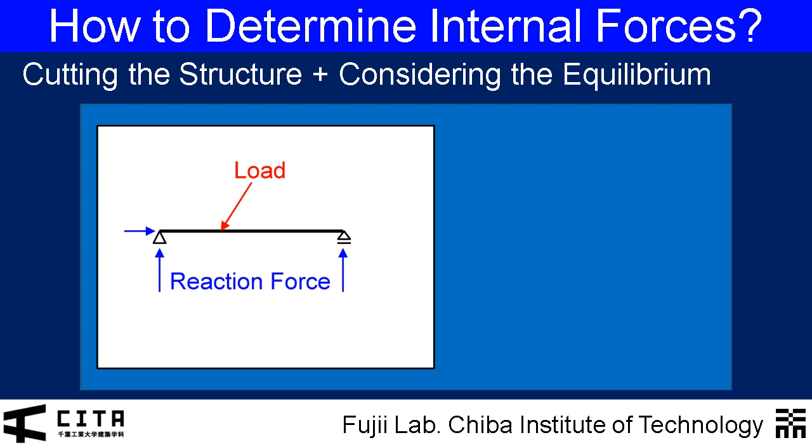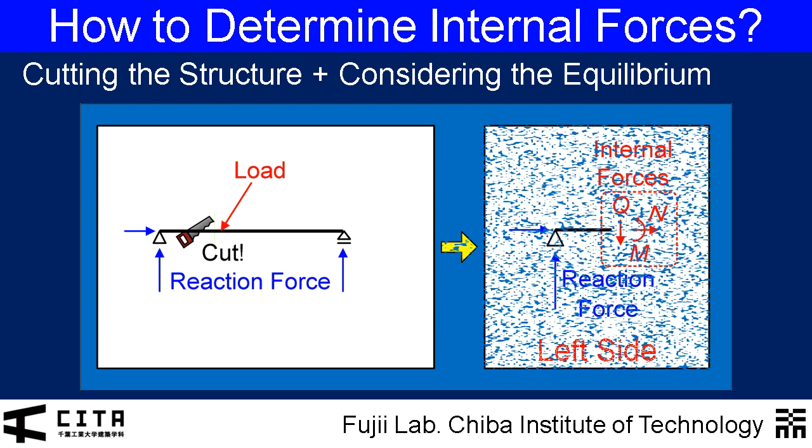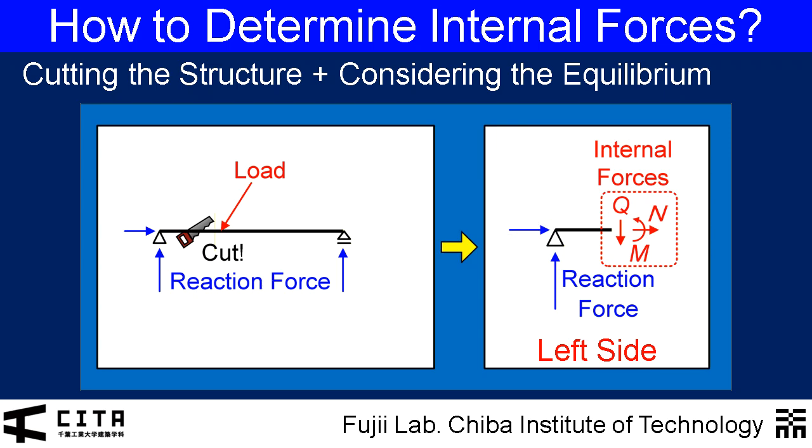First, suppose that the reactions to the external loads acting on the beam are already known, as shown here. Next, we consider cutting the beam at some point. After cutting the beam, we focus on the left side of the cut, and the external load acting on this portion.